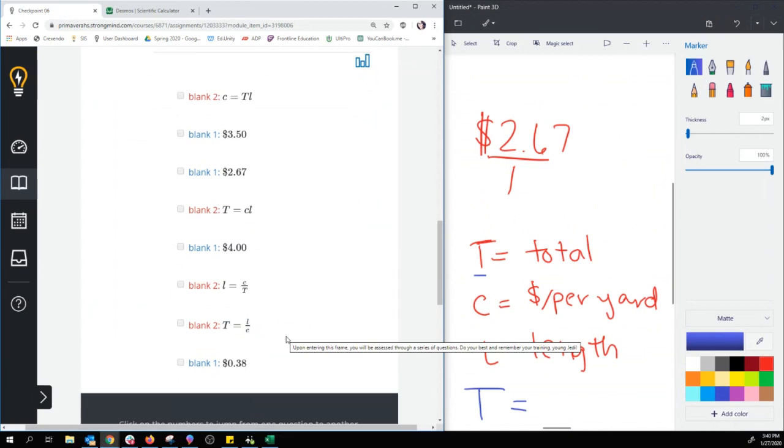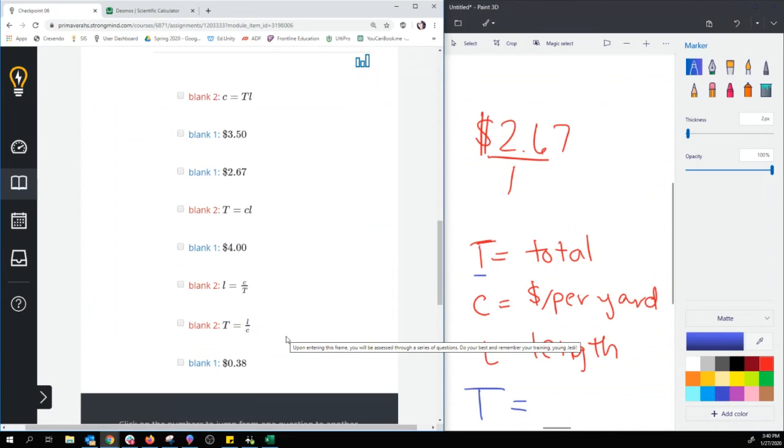If I buy 8 apples, how much money am I spending? Each apple is $1, and I'm buying 8 apples. What would be my total? $8, right? So I'm taking the price of 1 apple and I'm multiplying it by 8 because that's how many I'm buying.